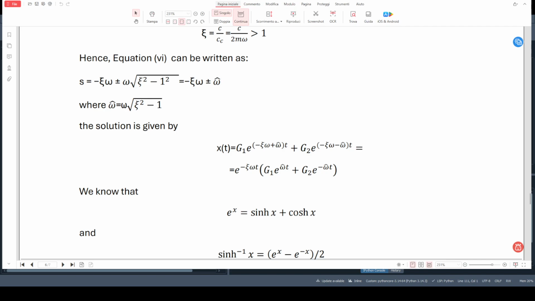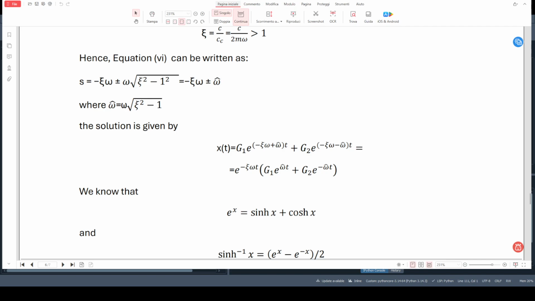So we can compact this equation in this way, where the symbol omega hat is equal to omega times the square root of Xi squared minus 1.